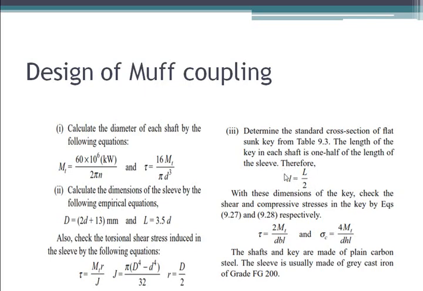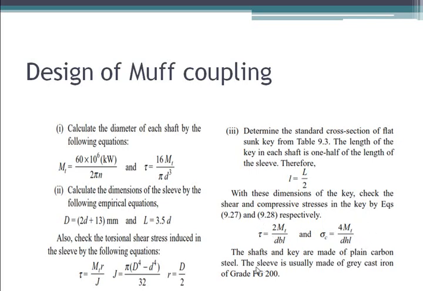And after finding out all these dimensions, we can check for the stresses in the key. For this, tau is equal to 2T by d b l. This is the check for the torsional shear stresses, and sigma c will be compression stresses, check for compression stress, which you have already done in the previous chapter, keys.